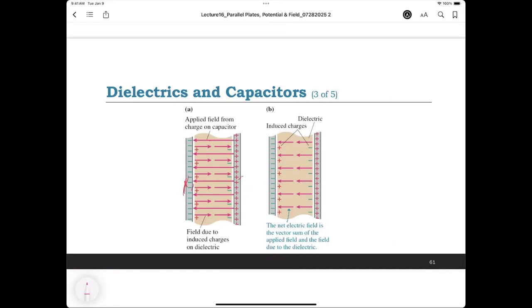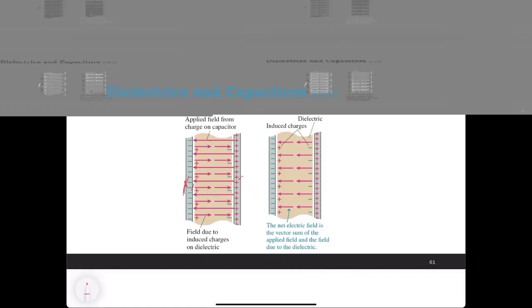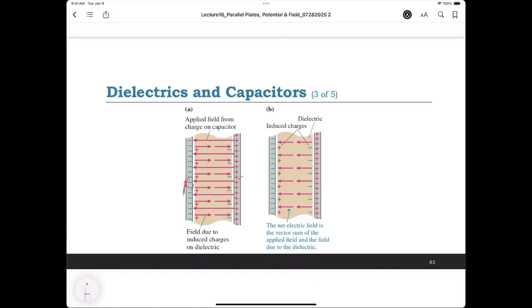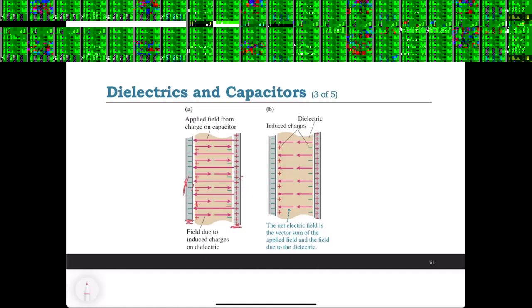You can see, because of the dielectric, some positive charge is here and negative is here, which means the net field will be smaller. This we call the dielectric, and these charges we call induced charges.